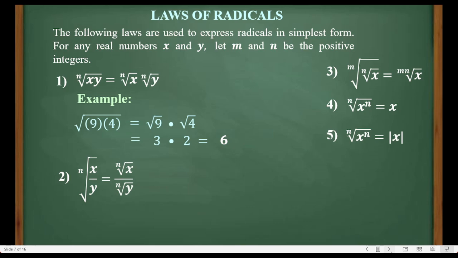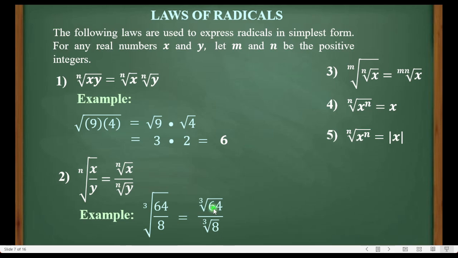Okay? Next. For law number 2, let us have this example. So the cube root of the quotient of 64 over 8, which can be expressed as the cube root of 64 over the cube root of 8.